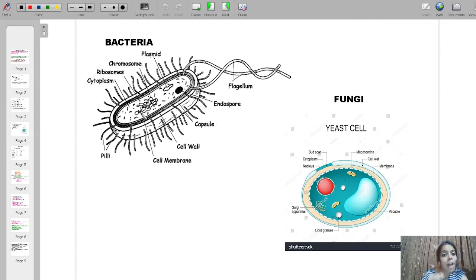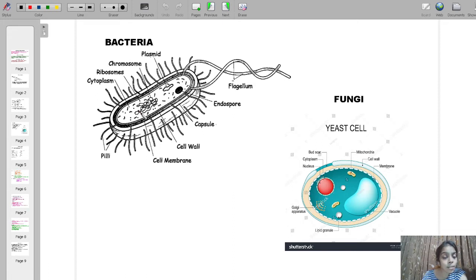Mesosomes act as a substitute for mitochondria. They contain respiratory enzymes which help the bacterial cell to perform respiration.